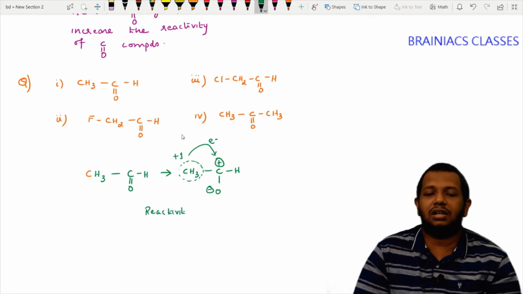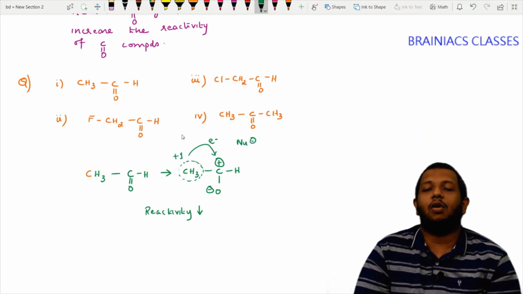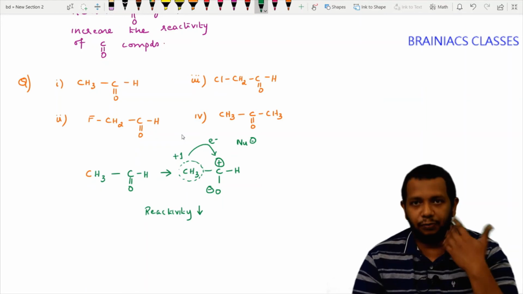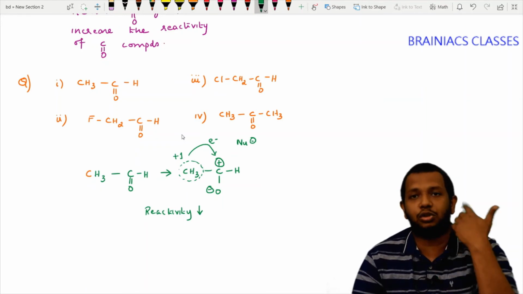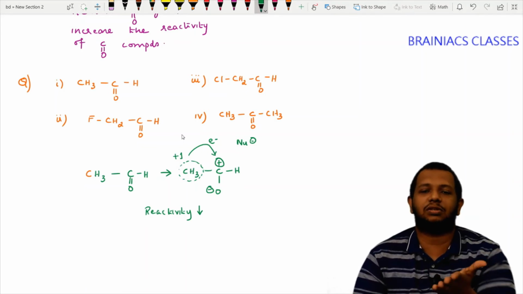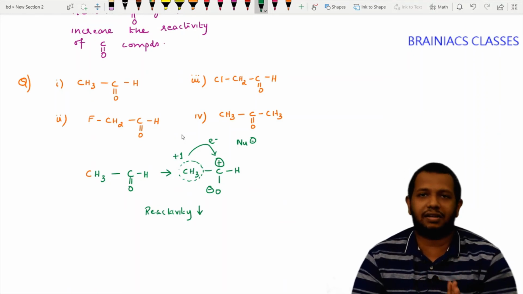Reactivity decreases. Why? Because the incoming nucleophile always loves positive charge. If you want to increase the reactivity, the positive charge should increase, and somebody nearby should increase the positive charge. Actually here decreasing is happening. So I can say this has generally less reactivity.